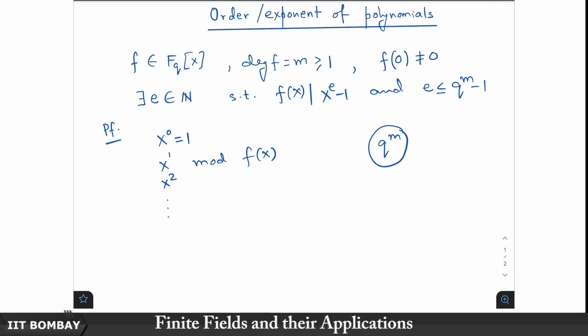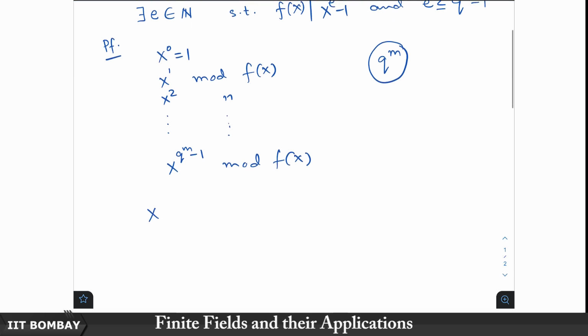So, if I take consecutive q power m powers, that is x power 0 to x power q power m minus 1 modulo f(x), then there must be a repetition. That means x power i must be equal to x power j modulo f(x) for some i not equal to j.